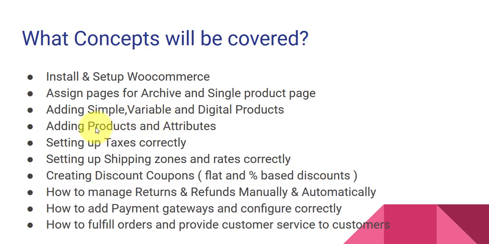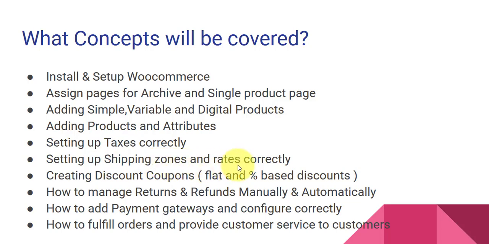And then we'll move ahead to how to add products and attributes. I'll explain all these things in that particular video, so you don't have to worry about it if you haven't heard about it. And we'll move on to setting up taxes correctly, and then shipping zones and rates will be set up correctly.